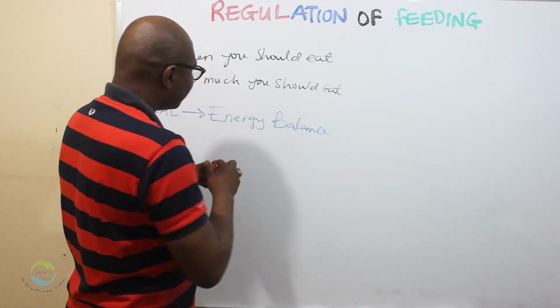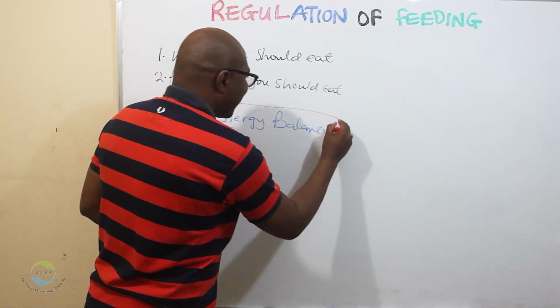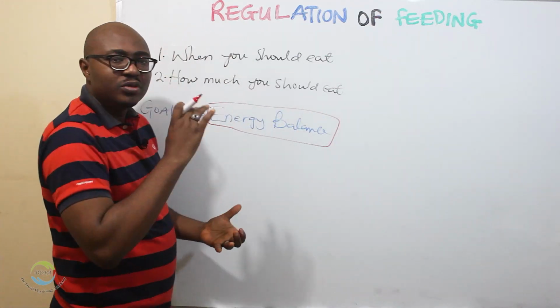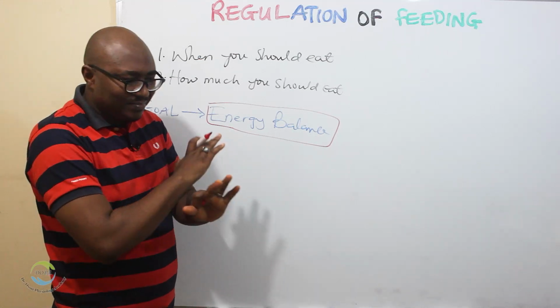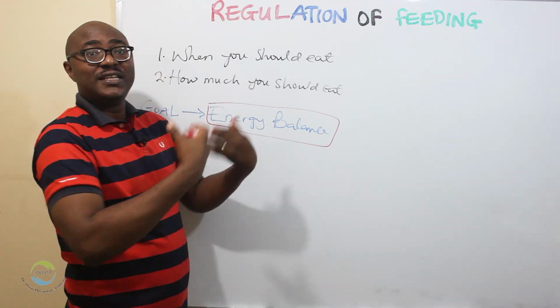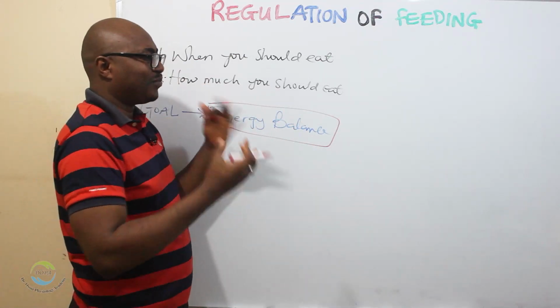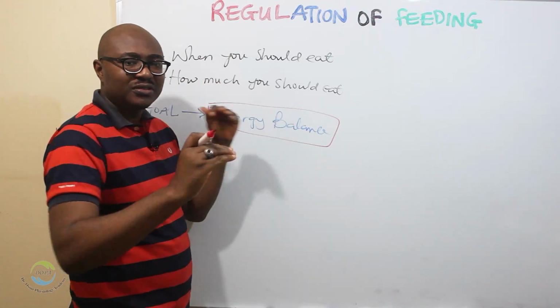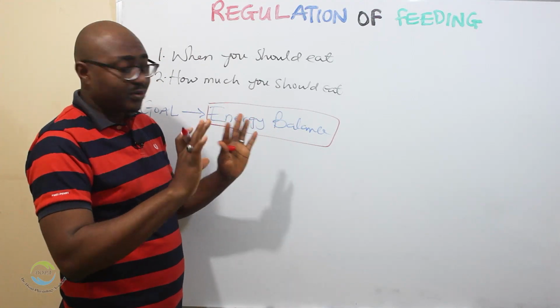The same thing happens. Energy balance has to do with the fact that you need energy to power the biochemical processes, which lead to the physiological process that we see. Okay? The metabolic process, all the chemical reactions, transport processes, and all of that happen in your body.